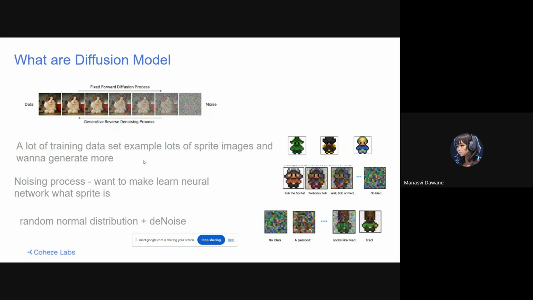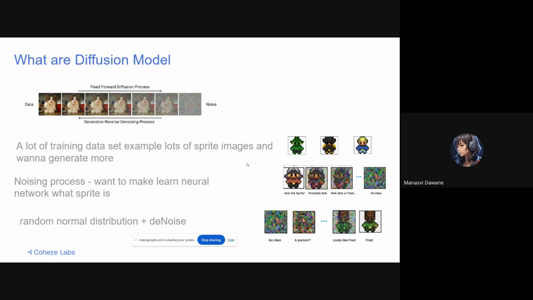For example, we have a lot of training data of sprite images, and we want to generate more images of sprites. So the first thing we need to do is make this neural network learn what a sprite is. How will we do that? There are fine details which we can make the model learn, for example the color of the sprite, the outline, the shape, or everything in between.